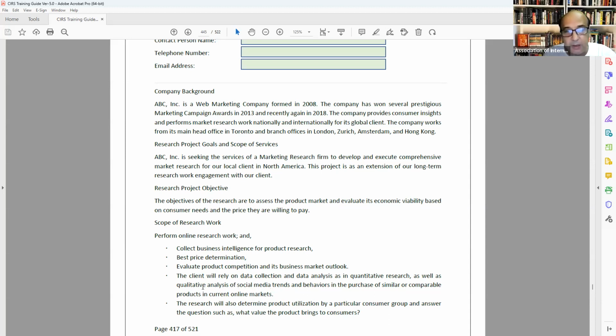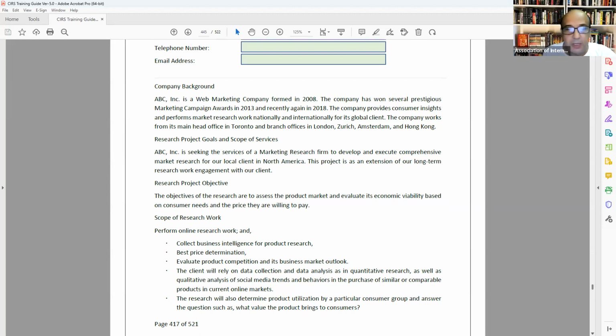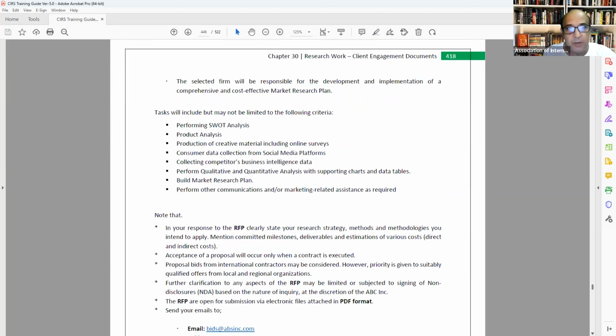Analysis of social media with relationship to qualitative analysis, trends and behaviors in the purchase of similar or comparable products in current online markets. The research will also determine product utilization by a particular consumer. So there's going to be consumer research, consumer behavior research. Perhaps there would be surveys or other data collection methods, but the objective will be to collect both qualitative and quantitative information.